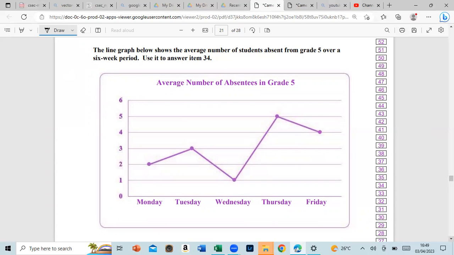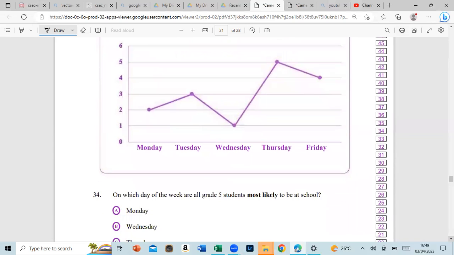So you have Monday, 2 persons are normally absent. Tuesday, 3 persons are normally absent. Wednesday, 1 person is normally absent. On Thursday, 5 persons are normally absent, while Friday, 4 persons. And this is the average, right? So it's not a fixed number.